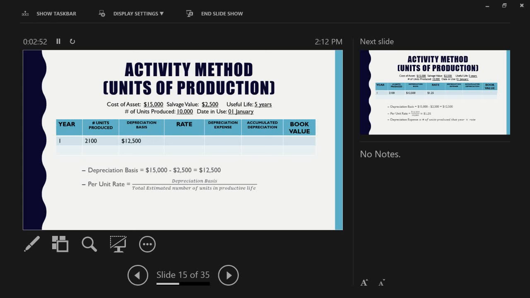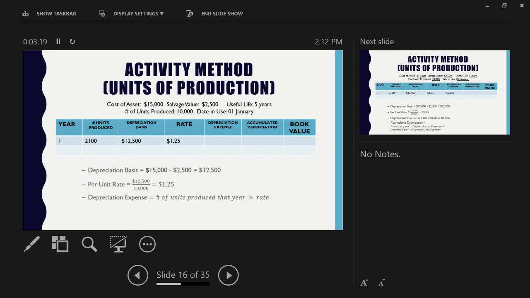So 12,500 divided by 10,000. On the calculator, I have 1.25. And that is correct. It's going to cost you $1.25 for every item this machine produces.